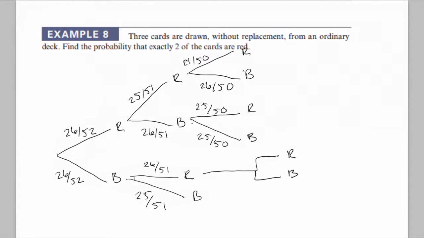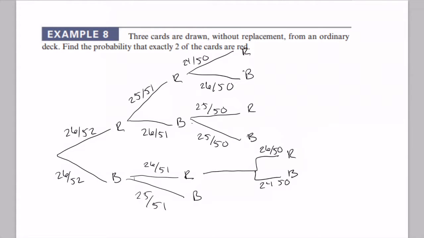Red, black. So this will give me 26 out of 50 and 24 out of 50.